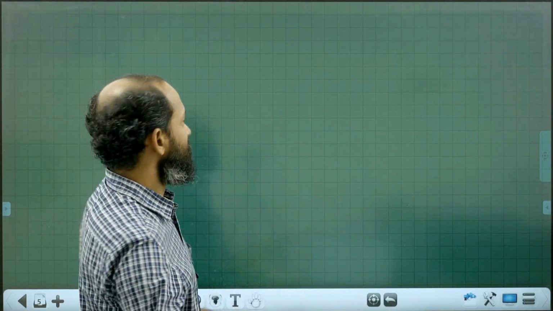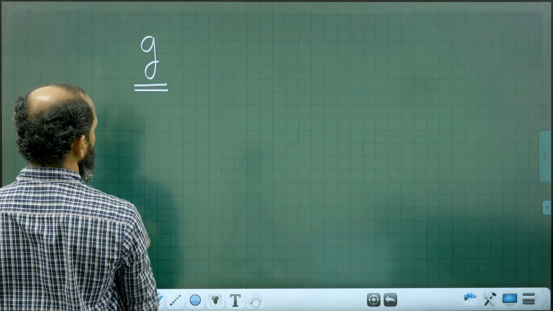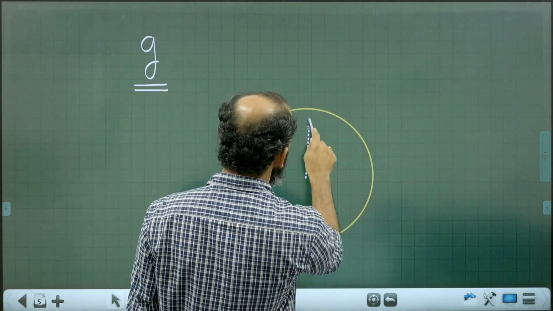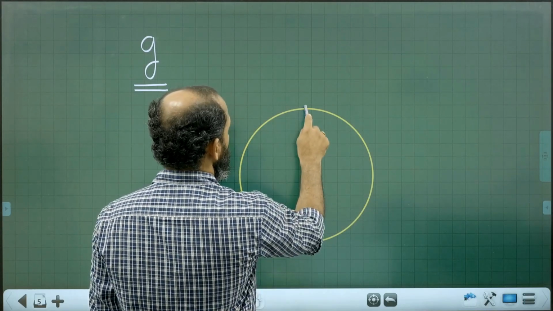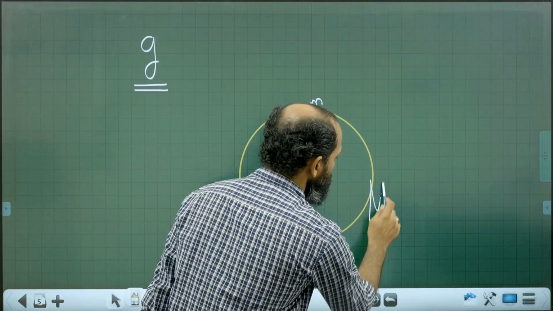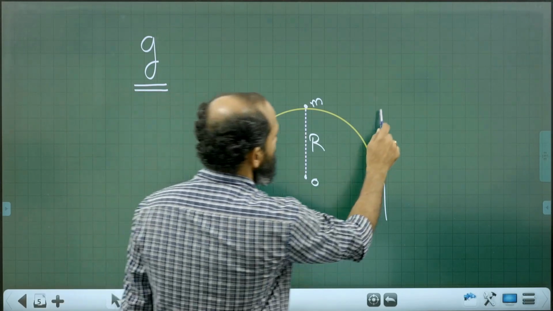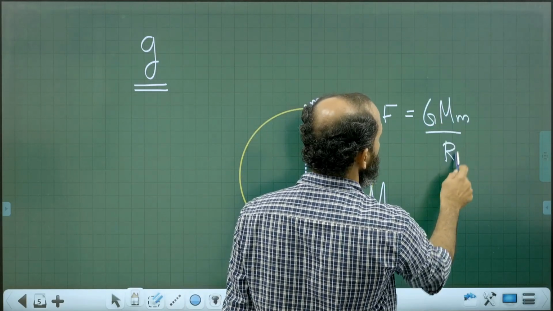Now, we have to discuss acceleration due to gravity, to revise acceleration due to gravity. Value of g. Imagine Earth to be a uniform sphere of uniform density with radius r, center O. At the surface, a point mass small m is kept, and the total mass of the spherical planet is capital M. The gravitational force F is equal to G M m divided by r square.